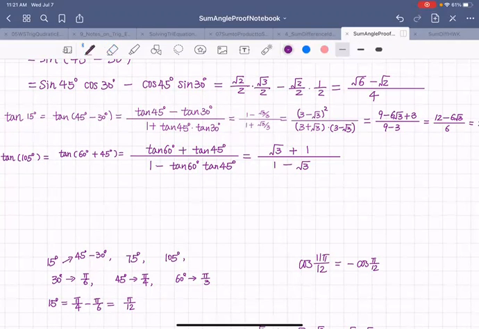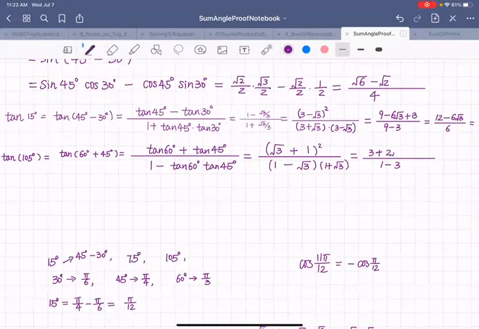Equals. The bottom is 1 minus 3, so -2. And the top is 3 plus 2 times square root 3 plus 1.